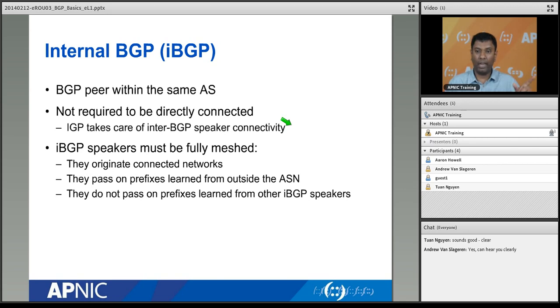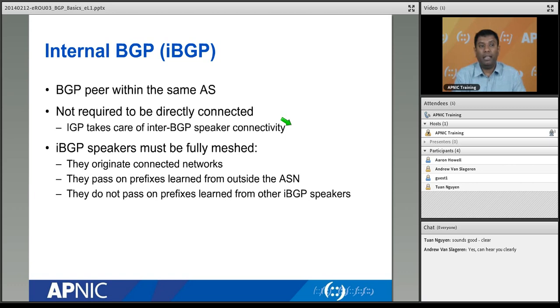It doesn't matter whether router A and router C are directly connected or not. Router A and router C might be connected via a number of other routers, but still, if from router A to router C we have reachability via OSPF or IS-IS or any other IGP protocol, we are happy to add iBGP peering, right?